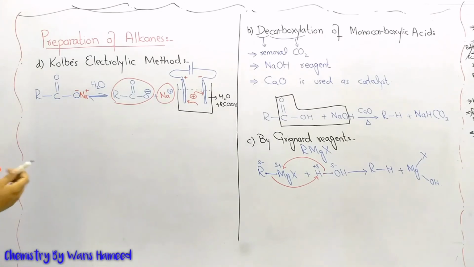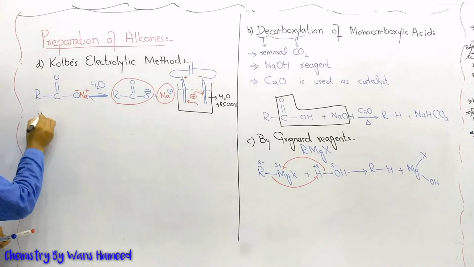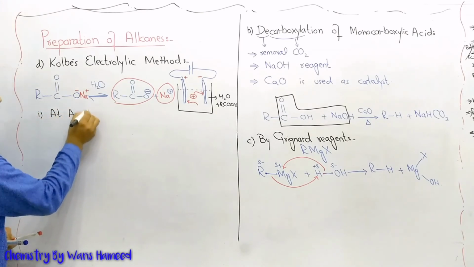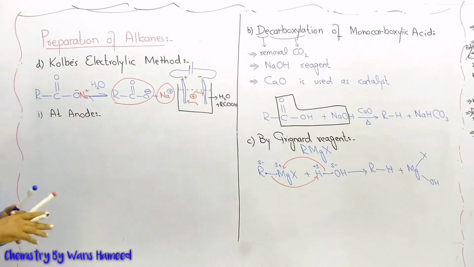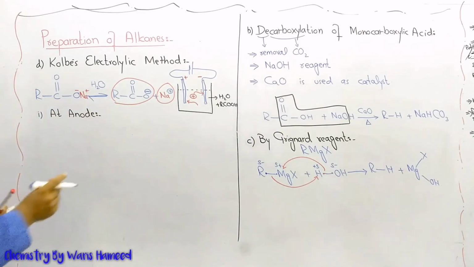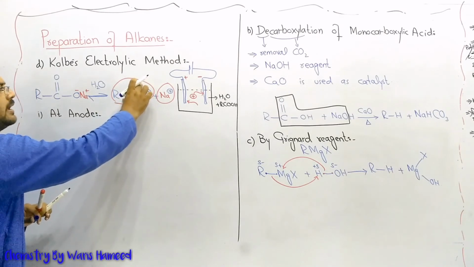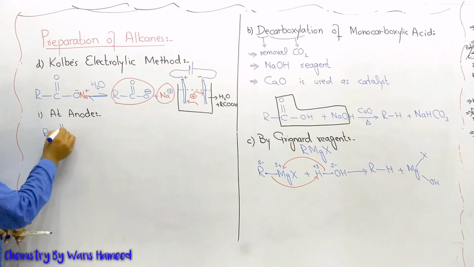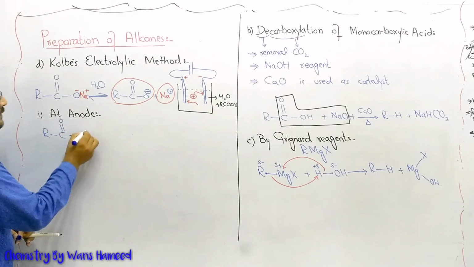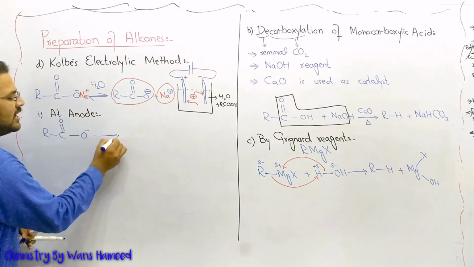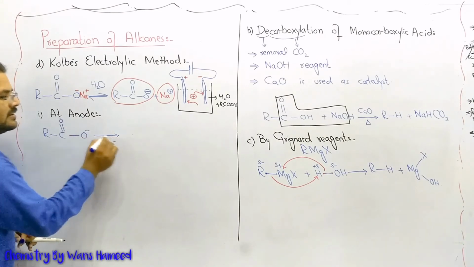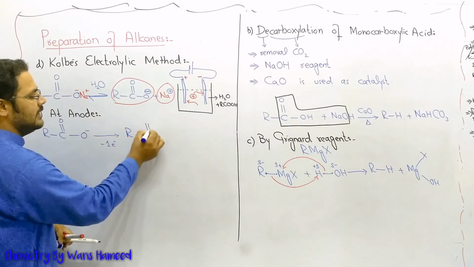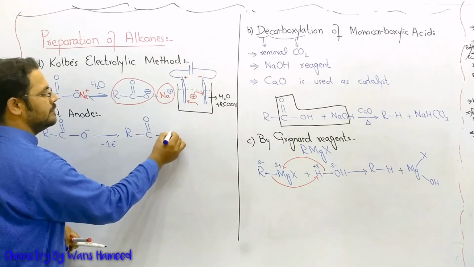Then we can say the reactions occurring at anode. When this anion, R carbon double bond oxygen O negative, reaches the anode, it loses one electron and converts into a radical, R carbon double bond oxygen and O radical.